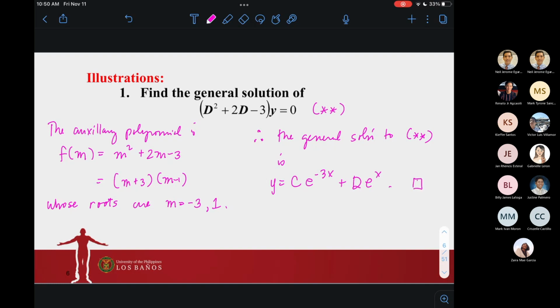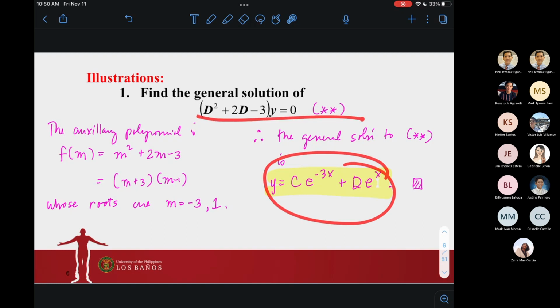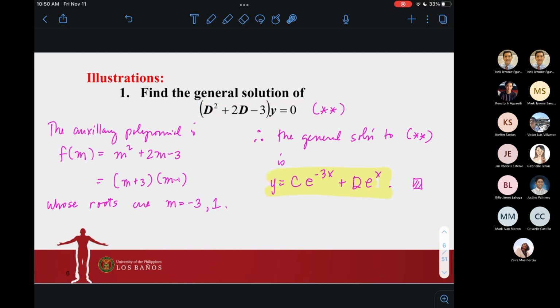That is the general solution. Okay? And I know there is no other solution because case 1 says e to the -3x and e to the x are linearly independent. So there is no other solution except those that look like this. So I can say that this is the general solution to double star. Easy, right? When the roots of the auxiliary polynomial are distinct.